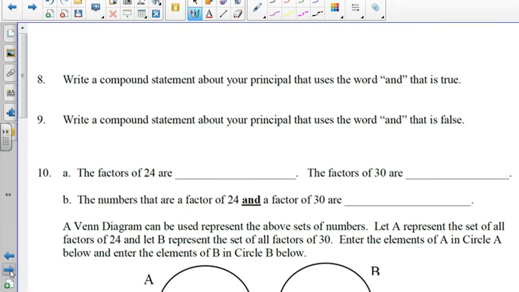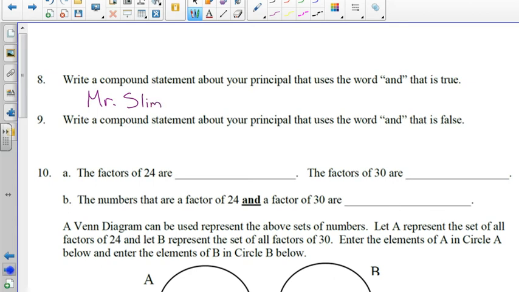Write a compound statement about your principal that uses the word and that is true. Who is the principal?